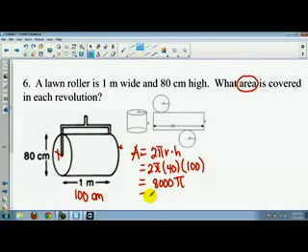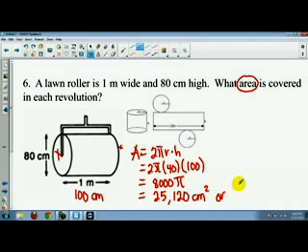Okay, so we have 25,120 centimeters squared, or in meters it is 251.20 meters squared. There you go. So that is the area that is covered by the lawn roller in each revolution.